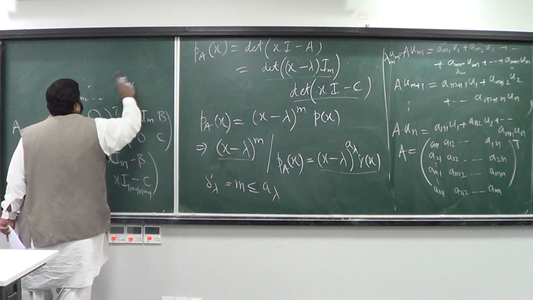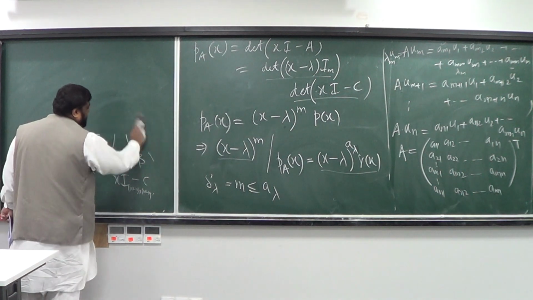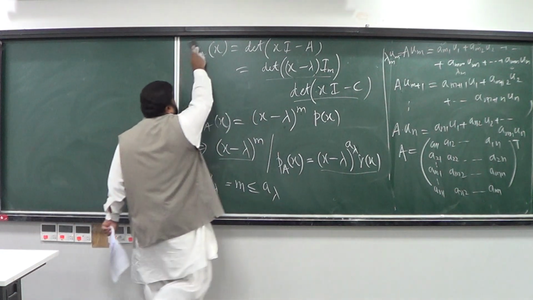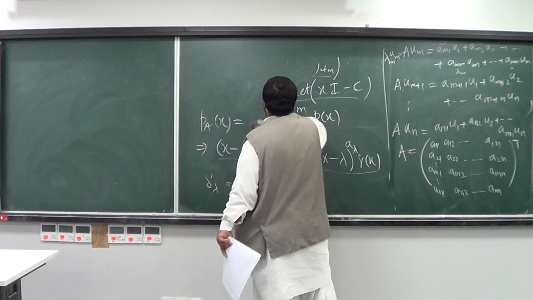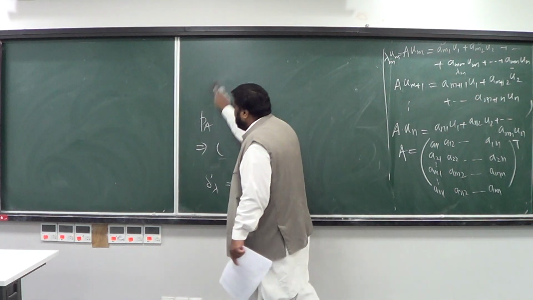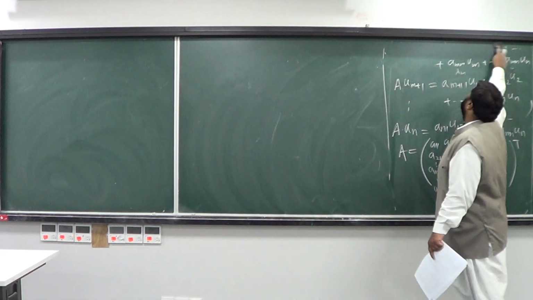Now, let's move to another interesting lemma, which is going to play a crucial role in studying the basic theorems about diagonalization. It asks what if the algebraic multiplicity is equal to the geometric multiplicity?